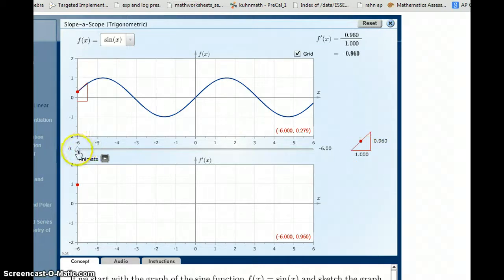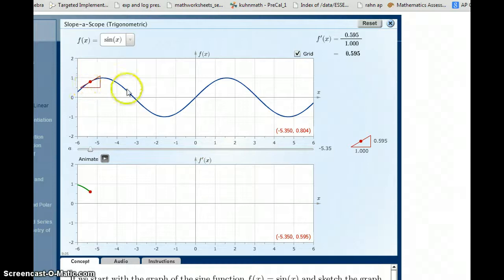So I'm going to start moving this point along the curve of the sine of x. You can tell that the slope triangle is unique for every single point, which is something that we knew. And this is true for all the functions that are not linear. Only in the linear cases is this slope triangle always the same, no matter where you are on the line.